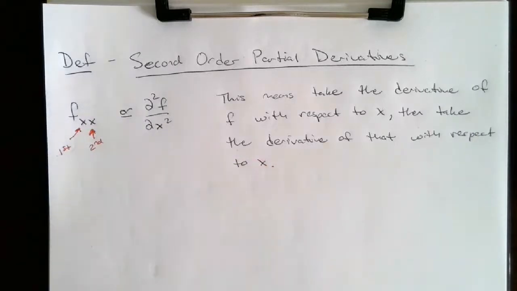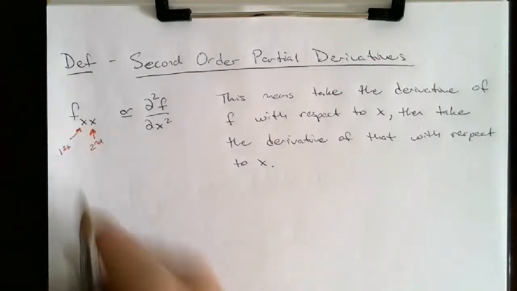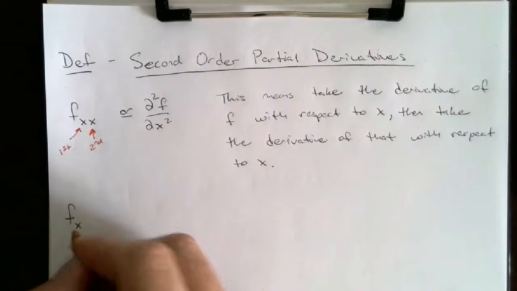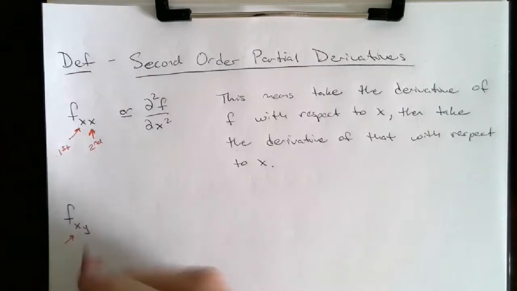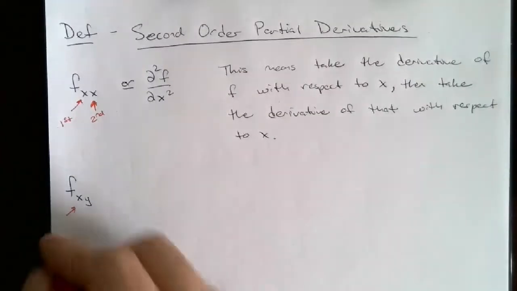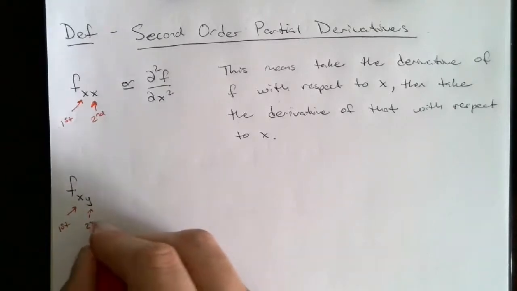There are other second order partial derivatives. First you could take the derivative with respect to x and then with respect to x, or you could take the derivative with respect to x and then with respect to y. This would mean take the derivative with respect to x first, and then you take the derivative of that with respect to y.